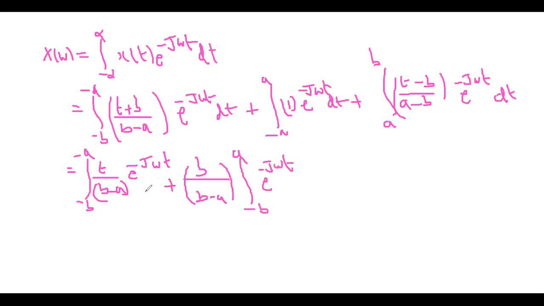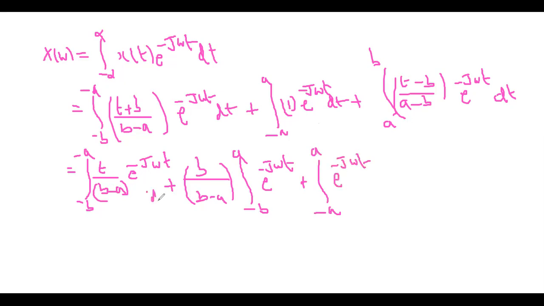Okay, because if the t is there here, t into e power minus j omega t, that will get a ramp function, t into e power minus j omega t for the ramp, plus, and here integral minus a to a e power minus j omega t dt.